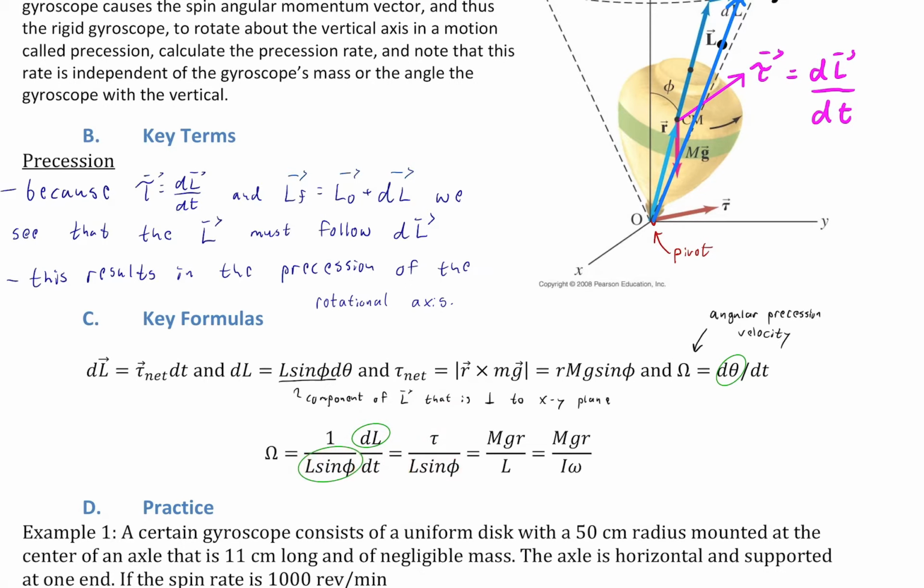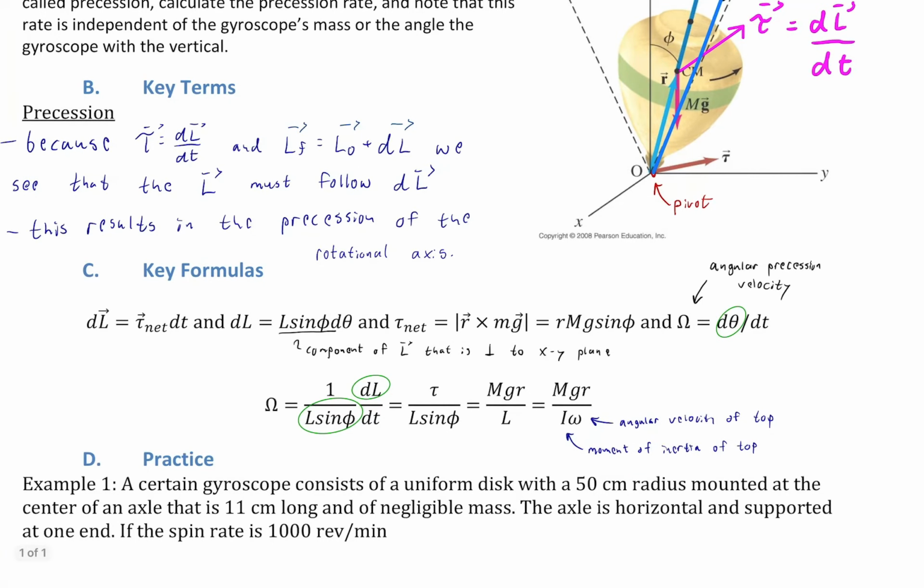And then torque, by definition, is r mg sine phi, or just mgr if we put the m out in front. And then since that sine phi cancels with this sine phi, it's gone. So now we just have mgr over L. Okay? And then we can replace L with I omega. What is I omega? Well, that's just the moment of inertia of the top and the angular velocity of the top.